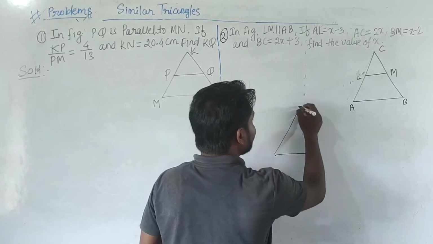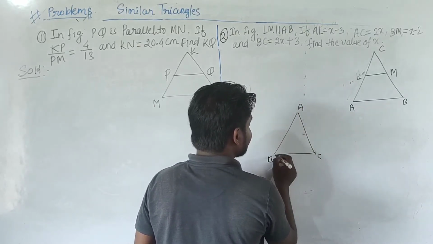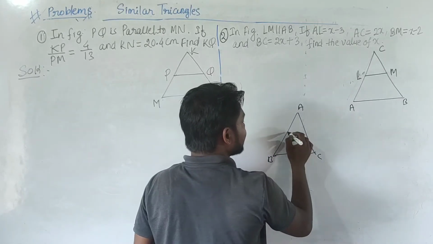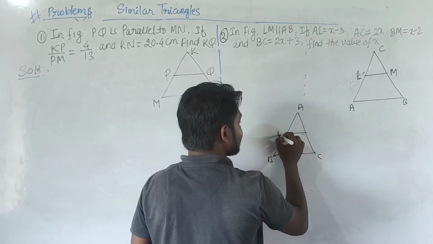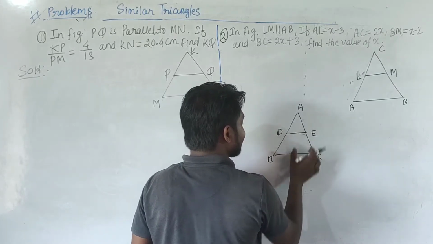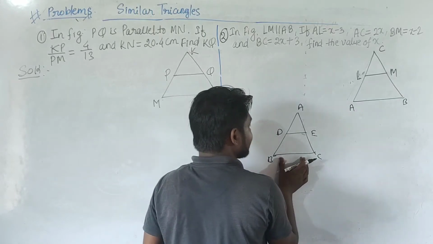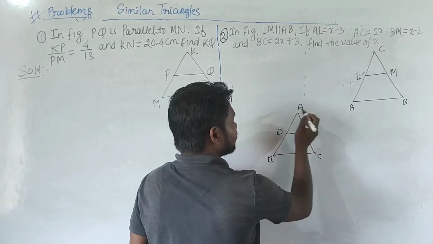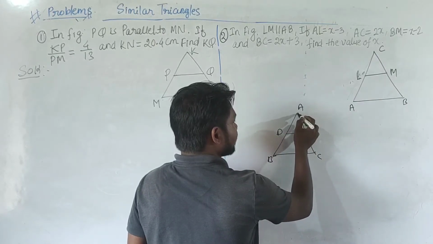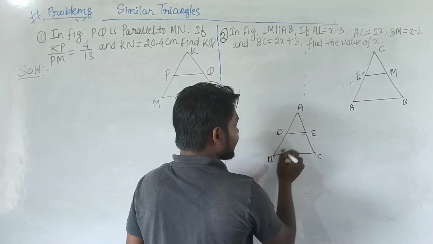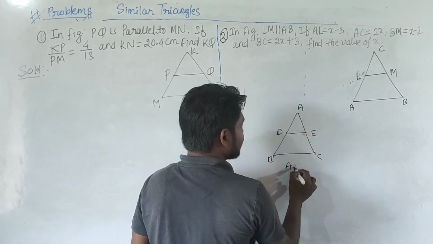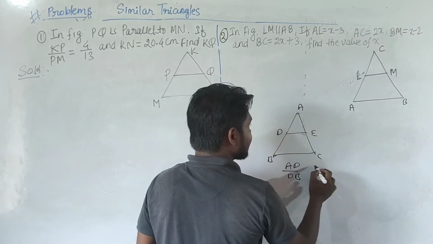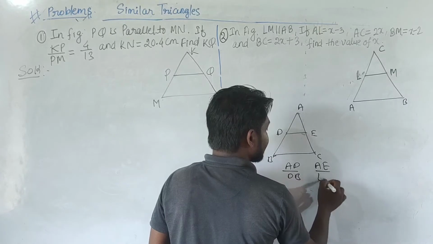if we have a triangle ABC, and if there is a line DE which is parallel to any one side of the triangle, suppose D E is parallel to this side BC, then according to Thales theorem or basic proportionality theorem, the ratio AD by DB becomes equal to AE by EC.